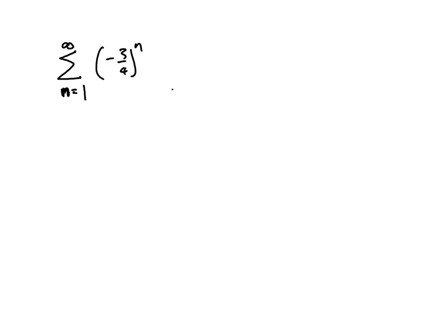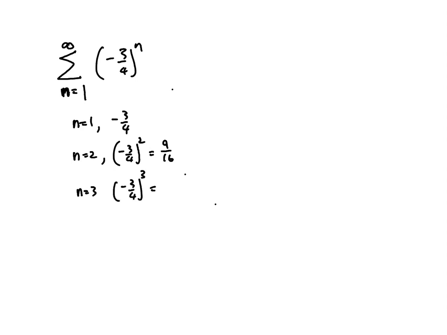So start out with n equal to 1, which means we have negative 3/4. When n equals 2, we get negative 3/4 squared, which is 9/16. When n equals 3, we have negative 3/4 to the third power, which is negative 27/64.